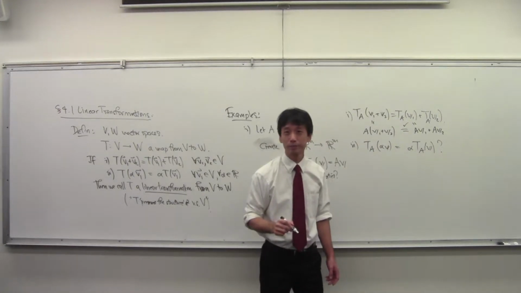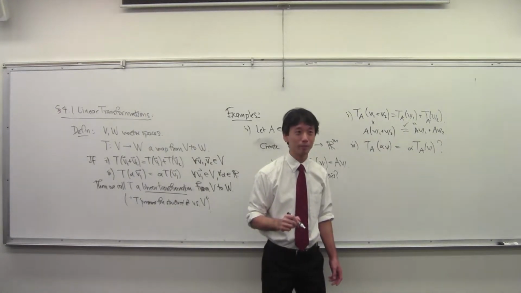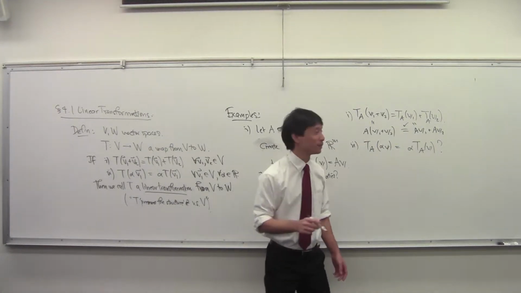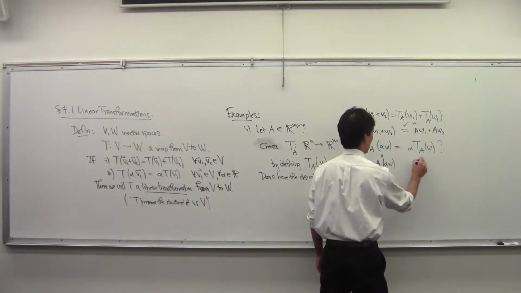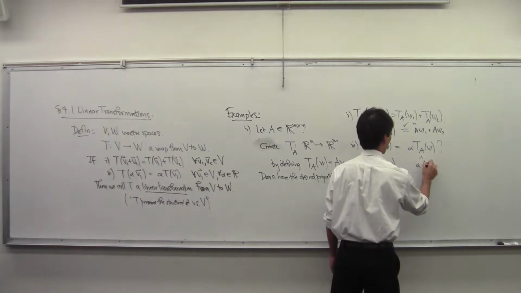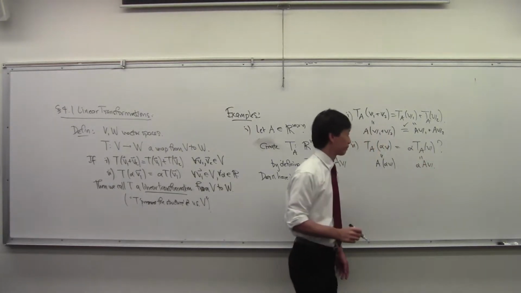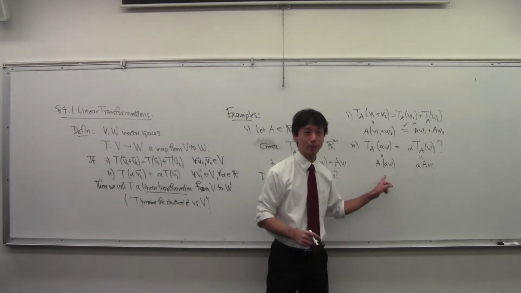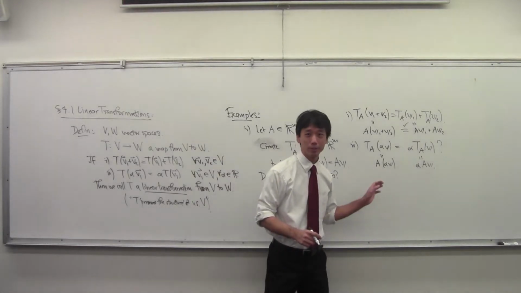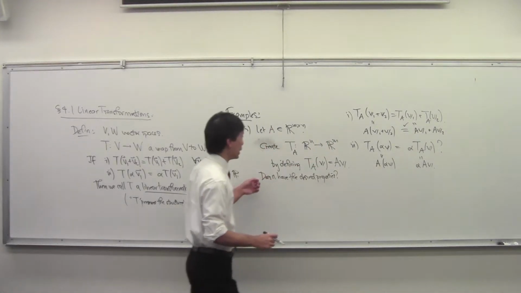Is that true? Yes. A of alpha V certainly is alpha of A times V, and you can pull the alpha out when you do your multiplication. Okay, so this is a linear transformation.